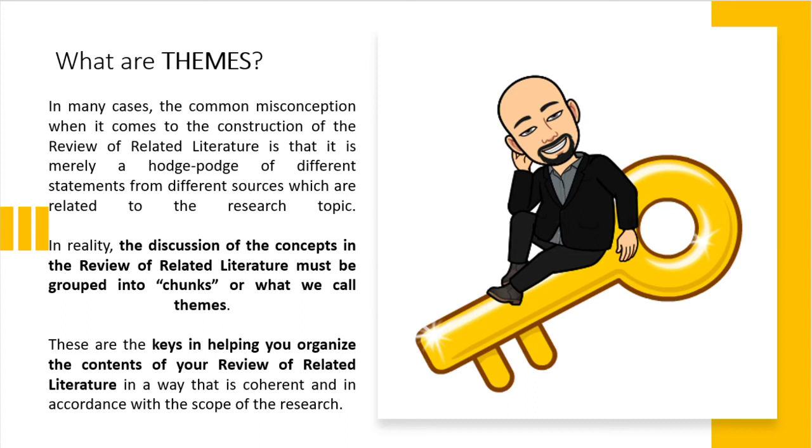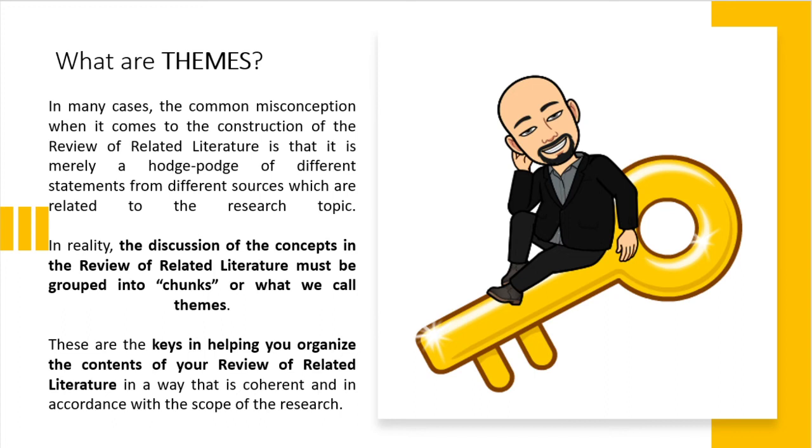This will help you as the researchers to organize your discussion, and this will help your readers to organize themselves in terms of their approach to understanding the different elements and concepts found in your research. So the purpose of the themes is merely for organization and clarity.